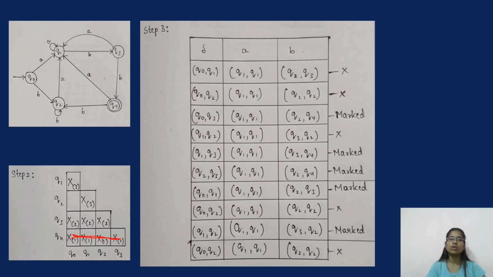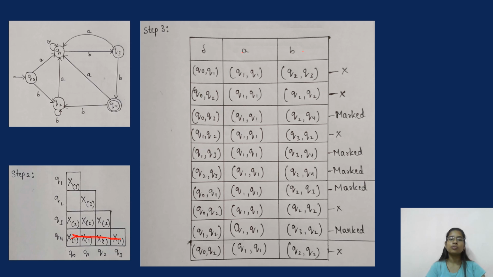q0 on A moves to q1, as we can see in the diagram, and q1 on A is self looped, so q1. q0 on B moves to q2, and q1 on B moves to q3. So these are the states we got.